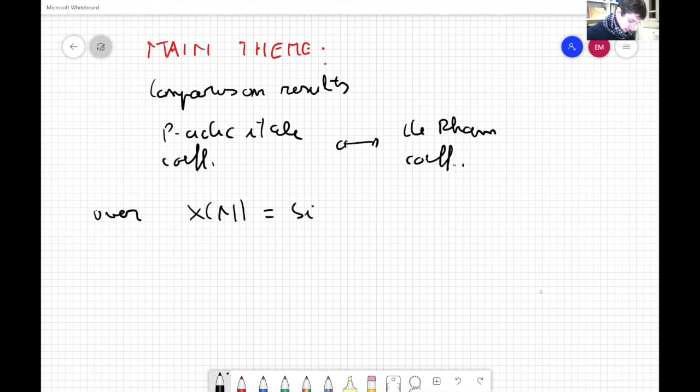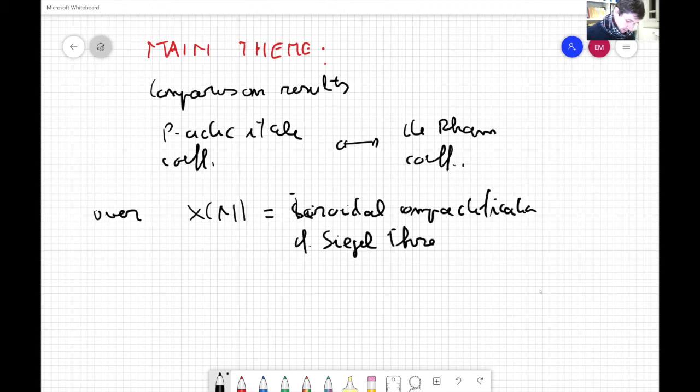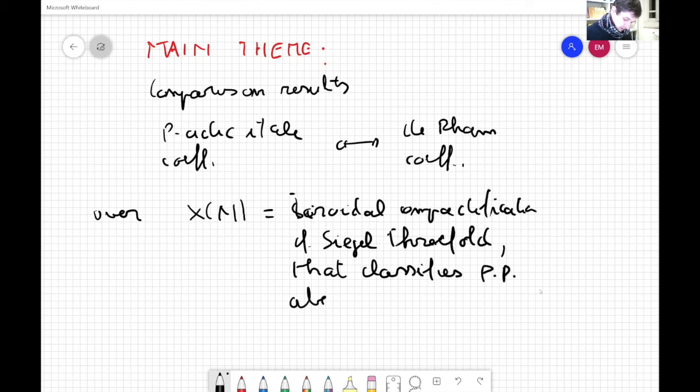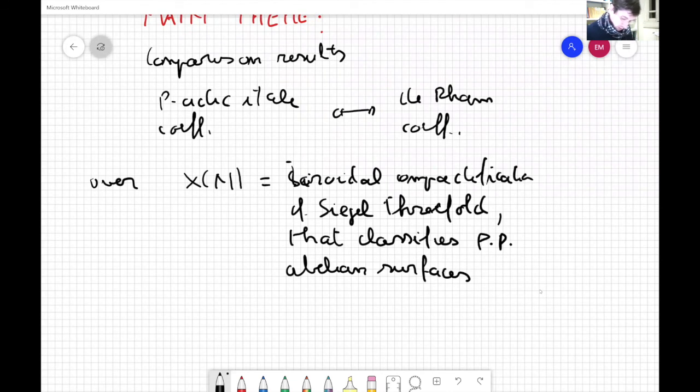So this is the smooth toroidal compactification of the Siegel threefold that classifies principally polarized abelian surfaces, up to, well, things at the cusp, which I'm not going to discuss, over with full level N structure.